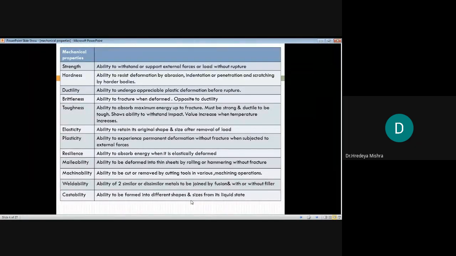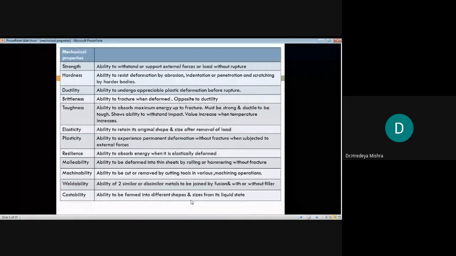All the force definitions are like that. The force applied on the component which tends to stretch the material is called the tensile force. The force which tends to compress the material or product is called the compressive force.